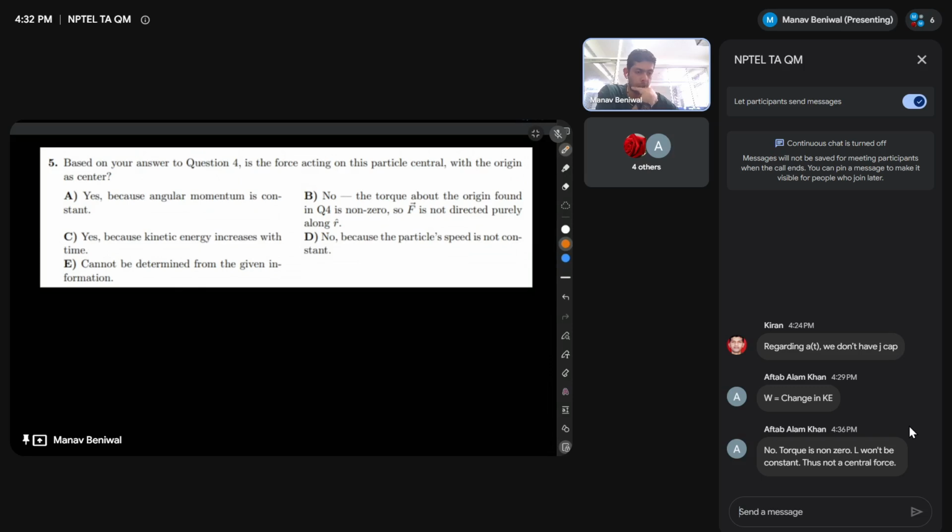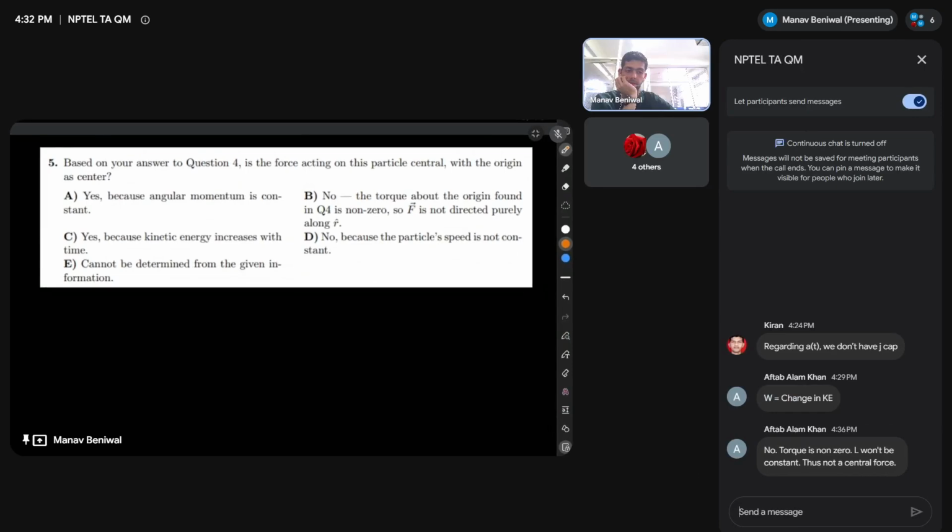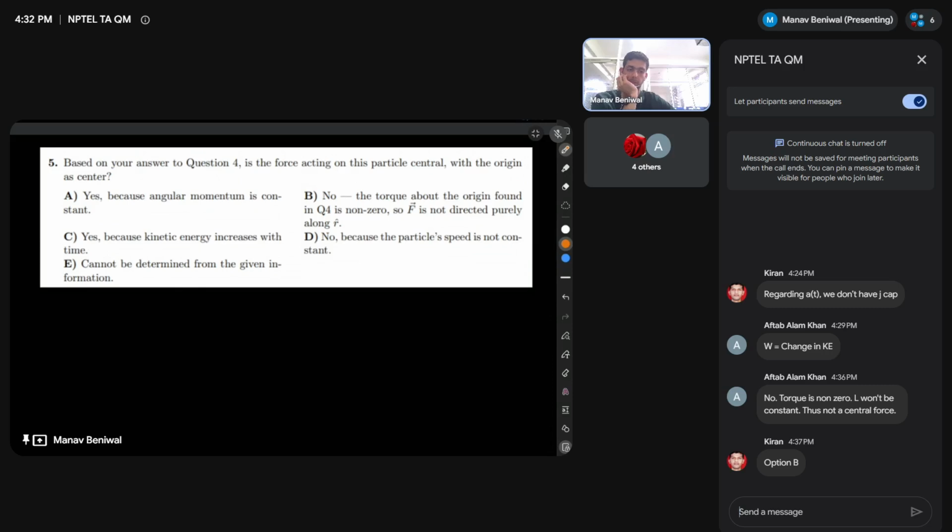No, torque is non-zero, L won't be constant, thus not a central force. Which means, which option? Option B, right? Option B. Okay, great.